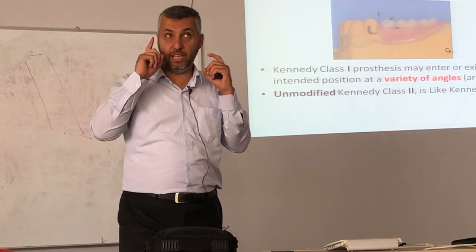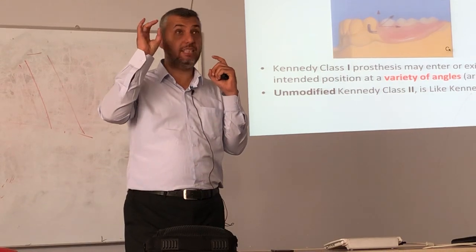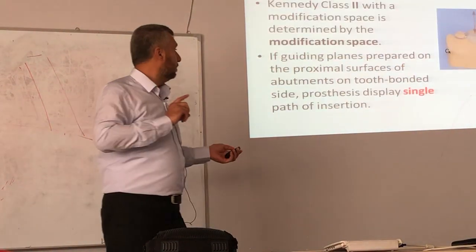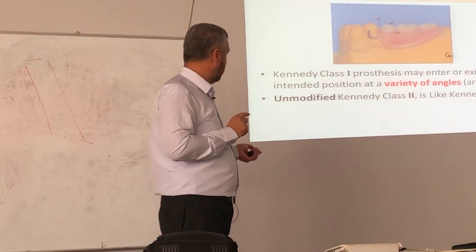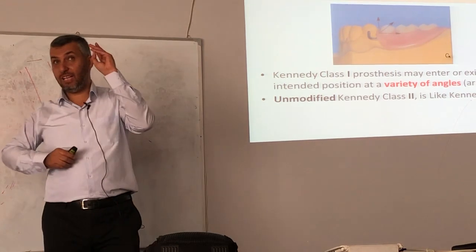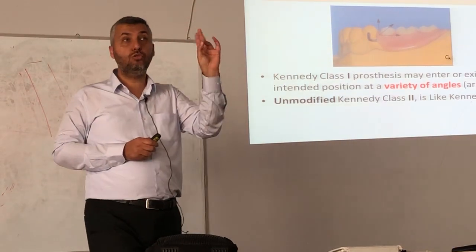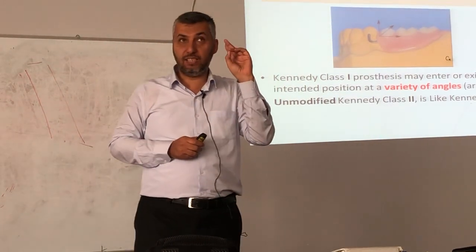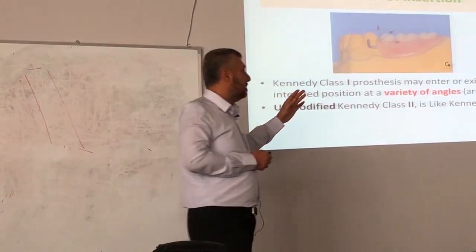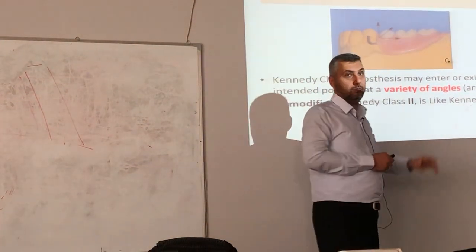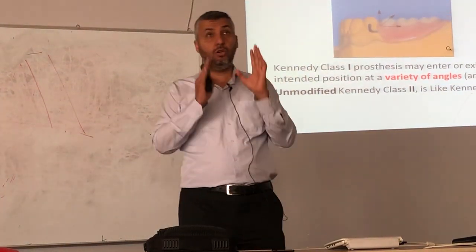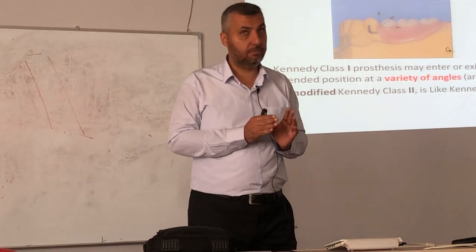In case of free ends, class 1 and class 2 with no modifications, be careful, unmodified, the denture can be inserted in several paths of insertion, and the patient chooses the easiest one for him.